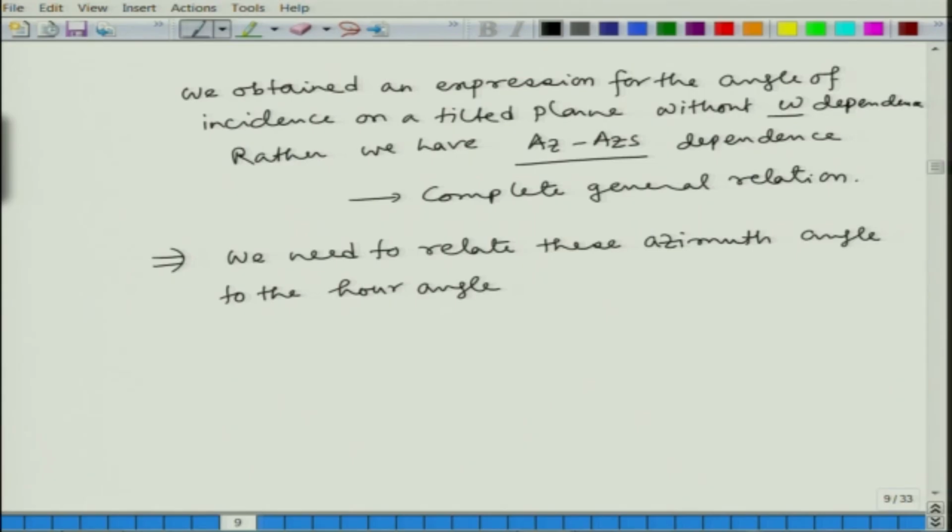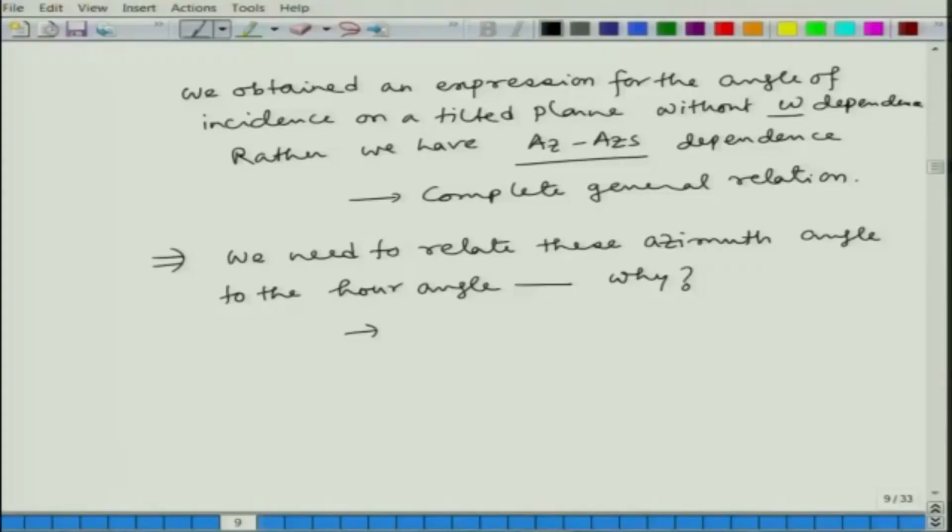Even if we do not need it, we need the interrelationship between them. Why? Because whenever we talk about a solar collector, we have to talk about the time, the local time of that, right.